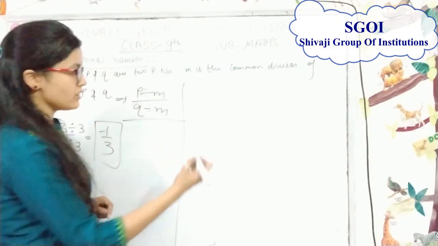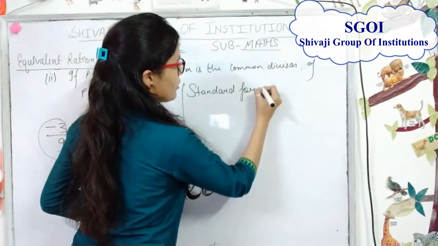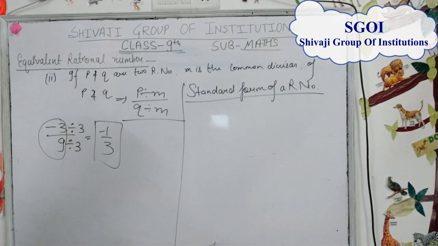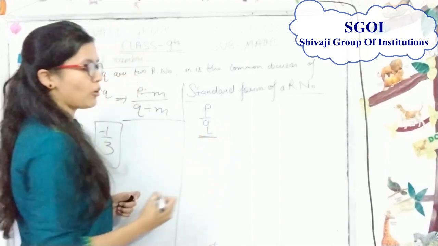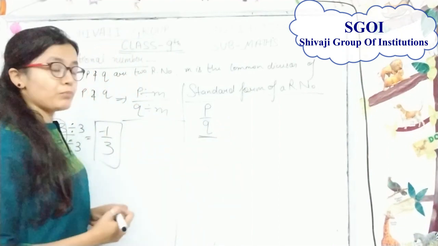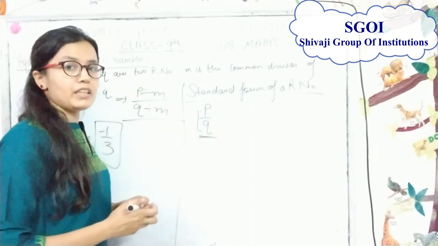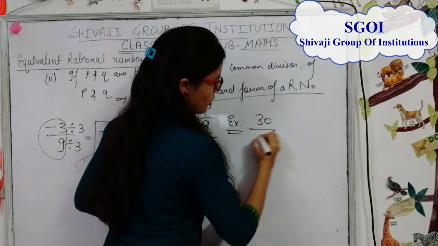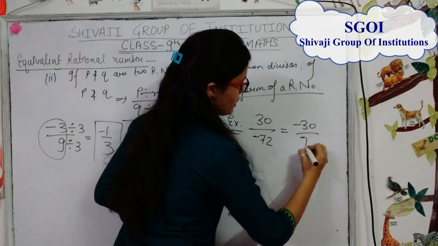Now students, next the standard form of a rational number. A rational number p by q is said to be in standard form if q, the denominator, is a positive number and there is no common factor of p and q other than 1. For example, 30 upon minus 72. Firstly, we change it to minus 30 upon 72.